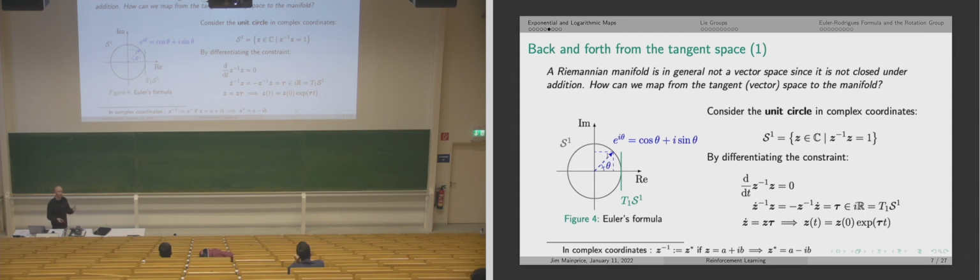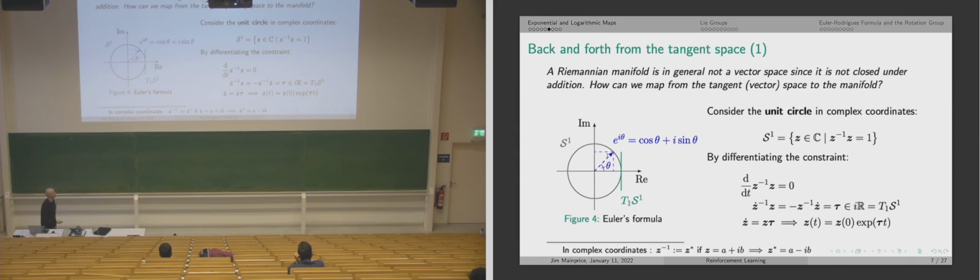If you have A times B, they're both functions of time, and you differentiate that with respect to time, you will get A dot B plus A B dot. And then if you rearrange, if you pass one of the terms to the other side of the equation, because it's equal to 0 here, then you get that.